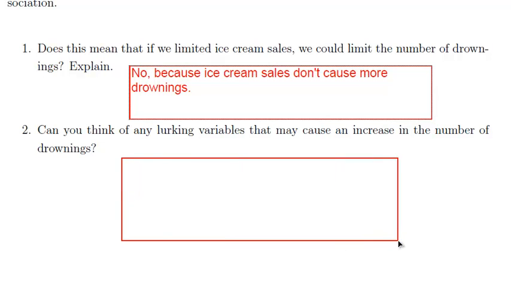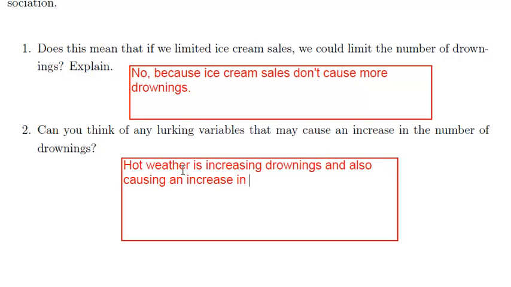And one lurking variable would be hot weather, increasing drownings because more people swim, and also causing an increase in ice cream sales. Okay, so hot weather or temperature would be considered a lurking variable here.